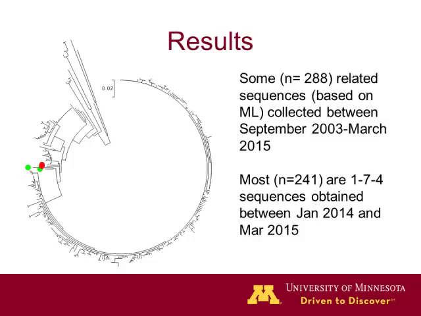And most of them, based on the sequences and location, may be considered 174, obtained between January 2014 and March 2015. So among all this pool of samples that we receive from these systems, we screened out those that were not related to 174, and then we worked only with those that were considered 174.